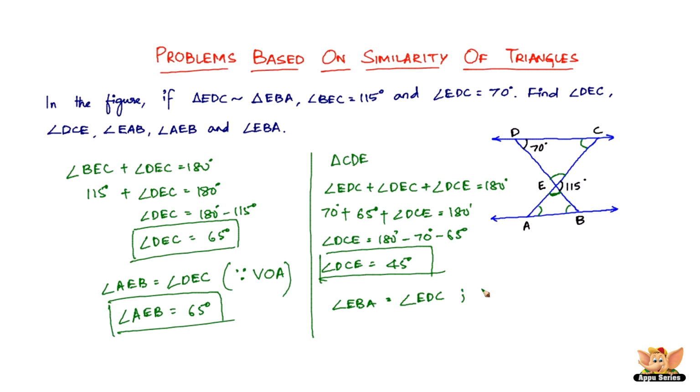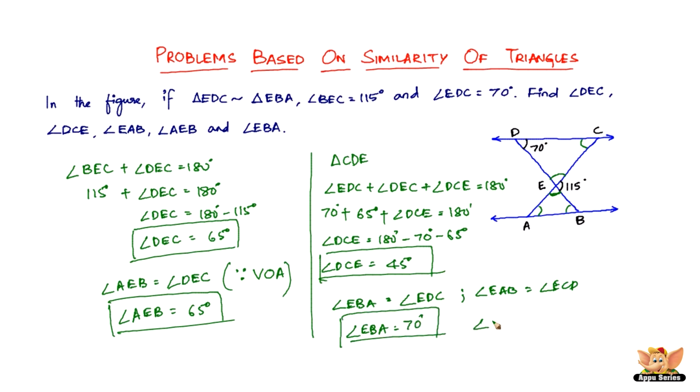And then we've got angle EAB equal to angle ECD. So therefore, angle EBA equals angle EDC, and angle EDC is 70 degrees. So angle EBA is 70 degrees.